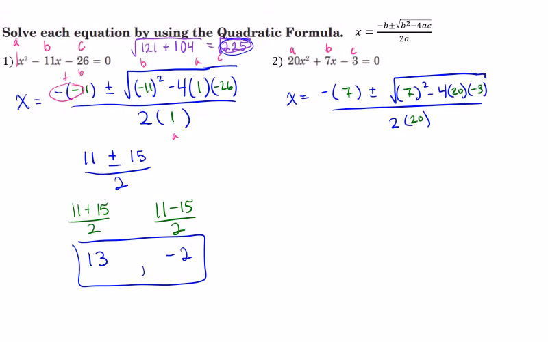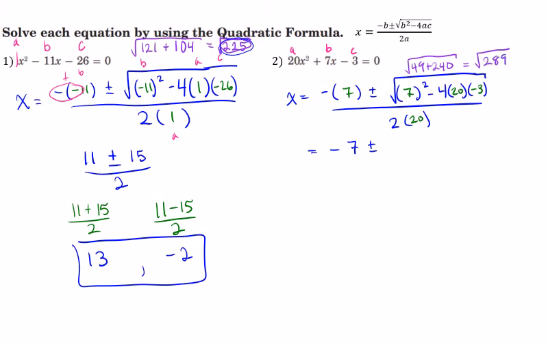All right, and so now we can do our PEMDAS. First of all, we don't have a negative, we just have a -7. So I'm going to bring that down, plus or minus. Now let's evaluate what's inside here, right? 7 squared is 49. -4 times 20 is -80. -80 times -3 is positive 240. Okay, and so then 49 plus 240 is going to be 289.